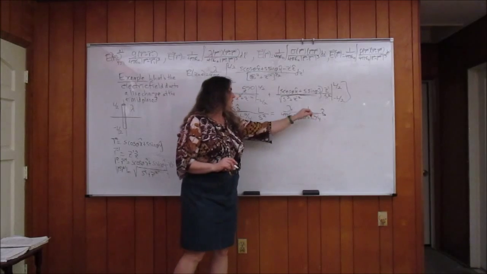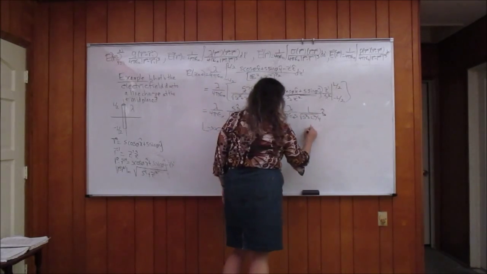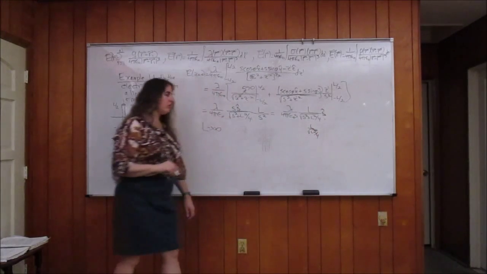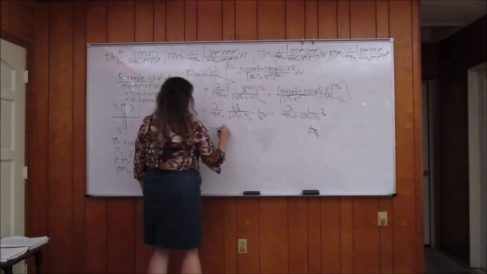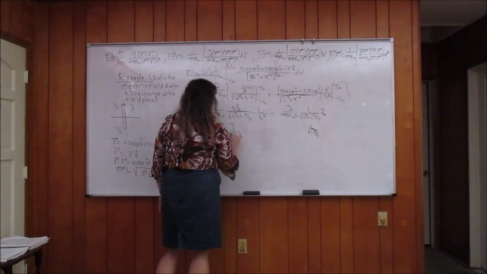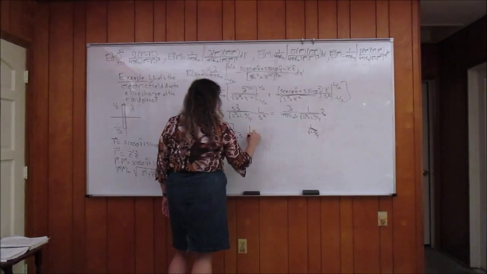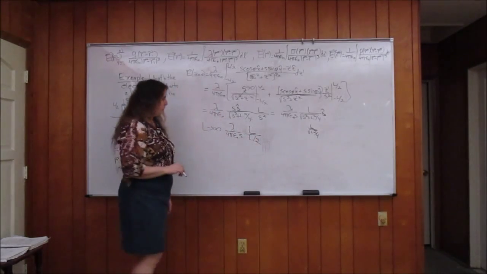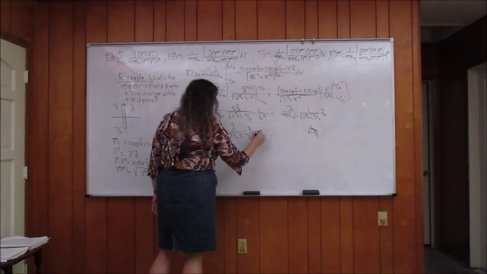So basically you're going to wind up with an L over a square root of L squared over 4, which is just L over 2. So this L cancels with this one.